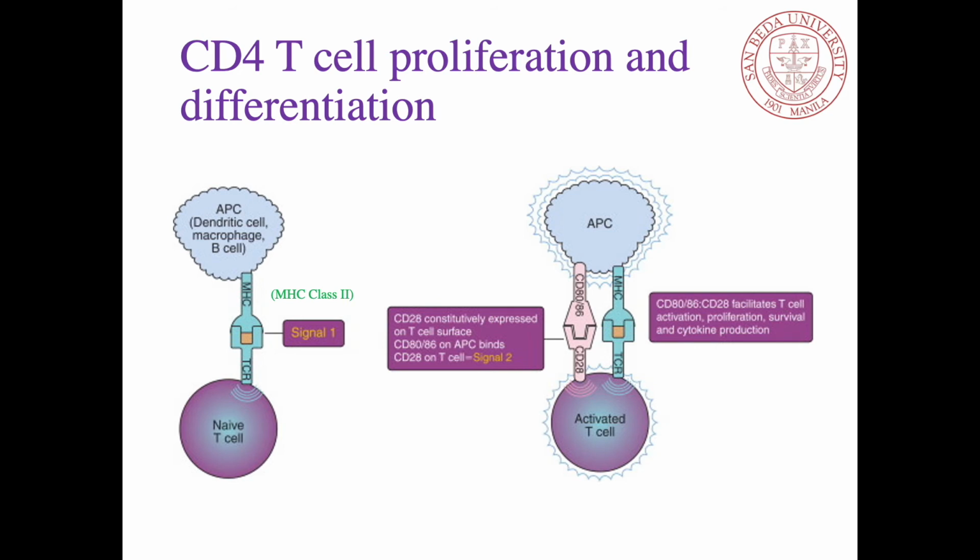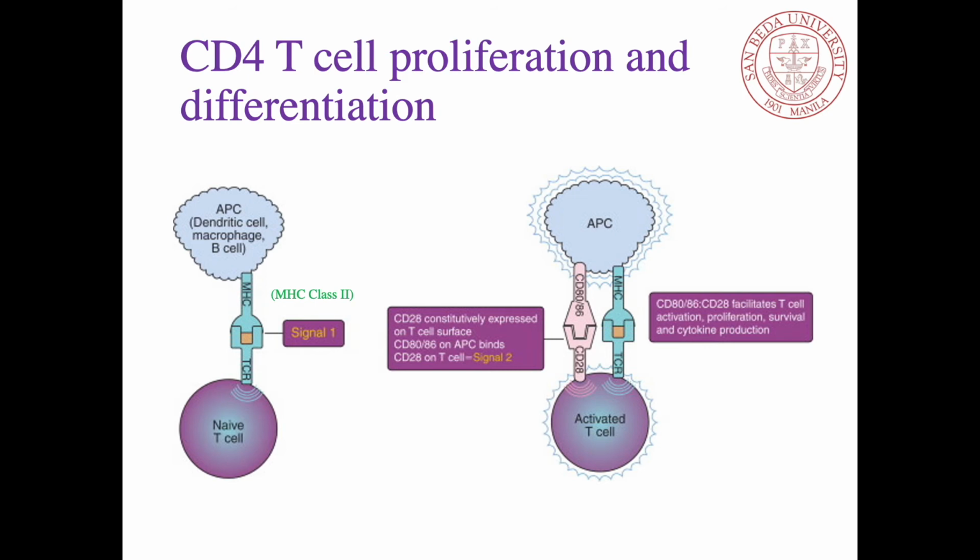Now, just to describe a little bit what this co-stimulation is: T cells require two signals to become fully activated. In this case, the first signal is what you see on the left side of the image. The first signal is antigen specific, and it is provided through the T cell receptor on the naive T cell, wherein that T cell receptor interacts with the MHC class 2 of the antigen presenting cell.